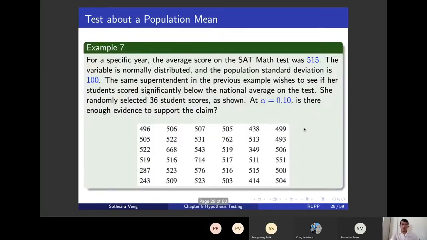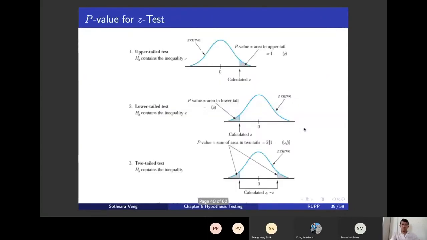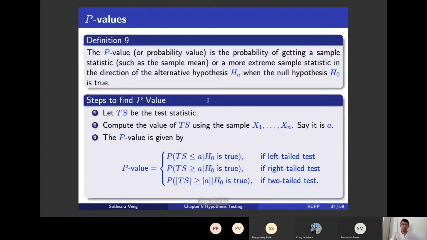If you look at the definition by words, maybe it's a little bit complicated to understand. But as I said, this is how we define the p-value. A while ago we looked at the right tail test.